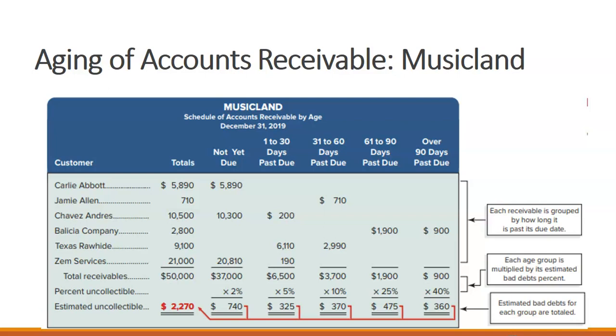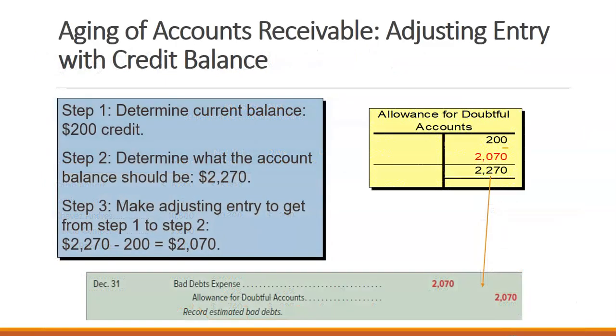So we separate out our total accounts receivable into separate amounts based on the number of days it is past due, and then take it times the percentage and add it all together. Here we have an estimated uncollectible amount then of $2,270. Our journal entry is the same.